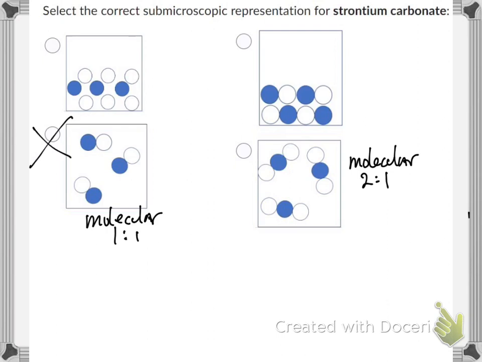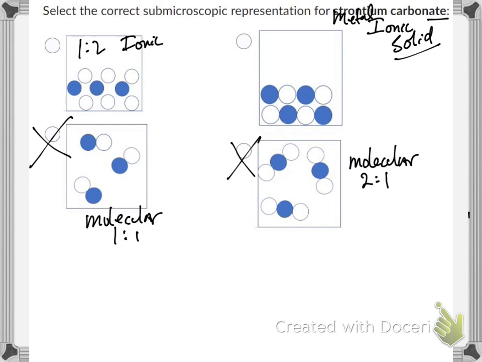These can't be choices because they're not ionics. Ionic substances have a metal, and these 8 also tell you it's ionic, so it has to be a solid, right? All ionic substances are solids. So the question is: is it 1-to-2 ionic, or is it 1-to-1 ionic?